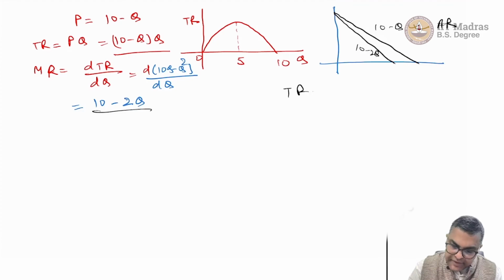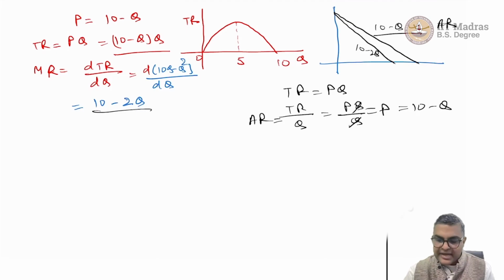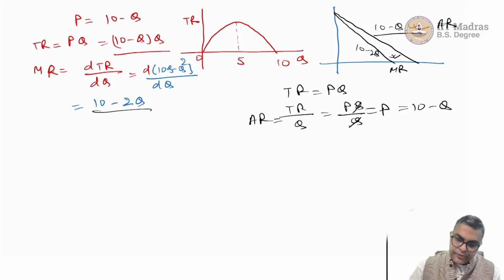If total revenue is P times Q, average revenue is going to be TR by Q. So PQ by Q, and you are left with P, which is nothing but 10 minus Q. So this is the demand curve as well as the average revenue curve, and this is your marginal revenue curve.